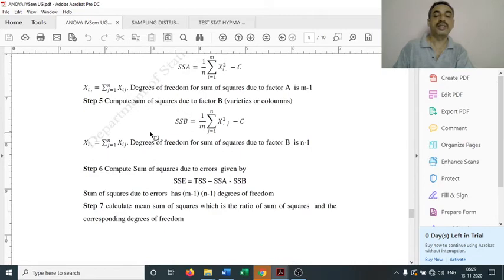Next step, we are finding the sum of squares due to factor B, that is 1 by m, sum over j equal to 1 to n of x dot j squared, minus C. This is not xi dot again, so it needs a correction. I shall do the correction using the pencil.